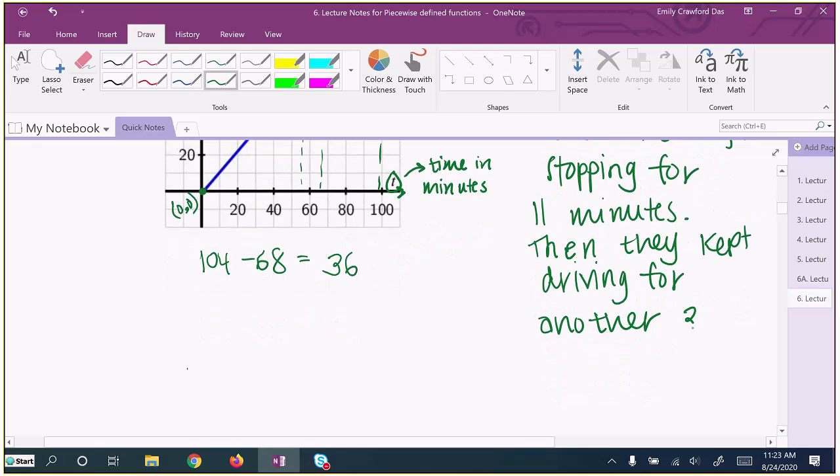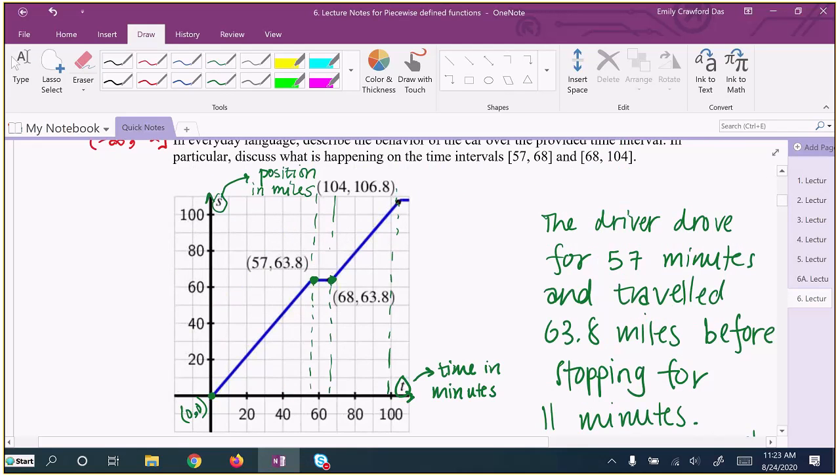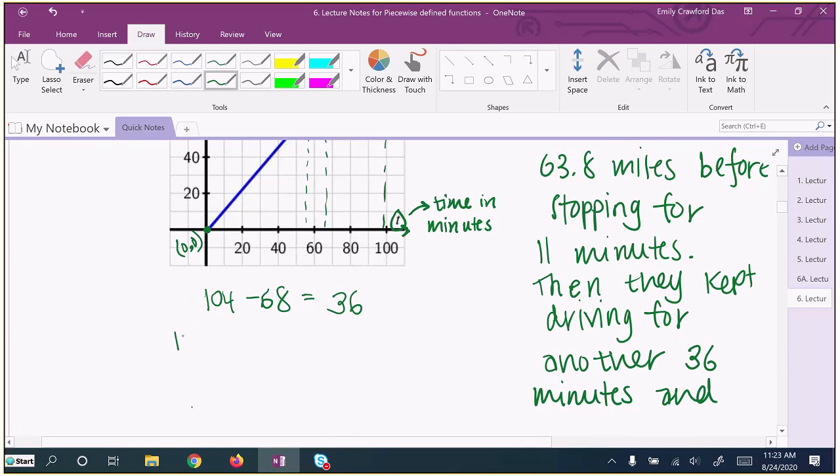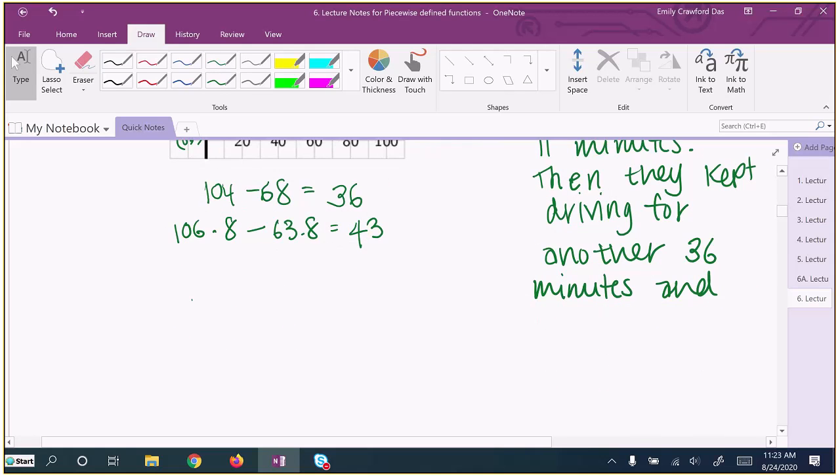So they kept driving for another 36 minutes. And how many miles in that 36 minutes? Well, however many is the difference between 106.8 and 63.8, that should be 43 miles. Then they kept driving for another 36 minutes and another 43 miles.